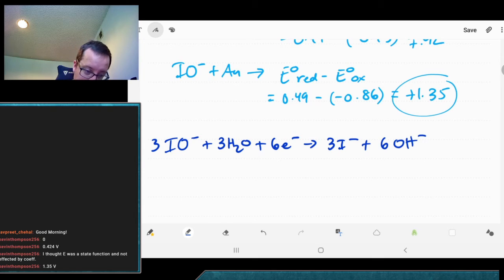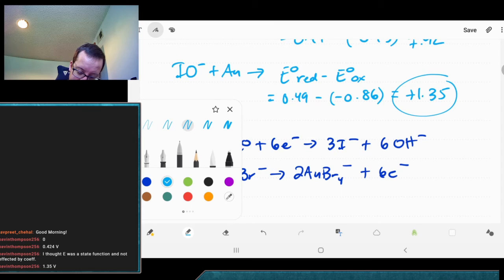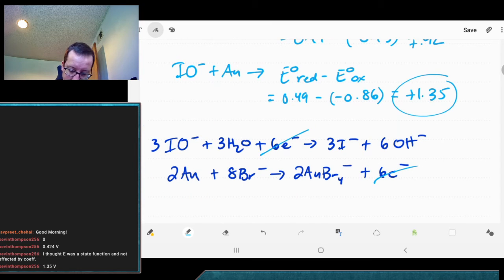And if we double the reverse of the first reaction, two AuBr4 minus and 6 electrons. So let's see what cancels out. Should just be the electrons, I think. Yeah, everything else will stay the same.